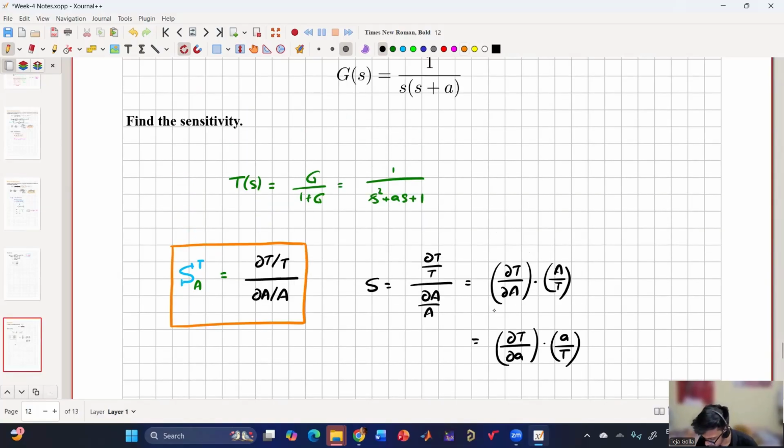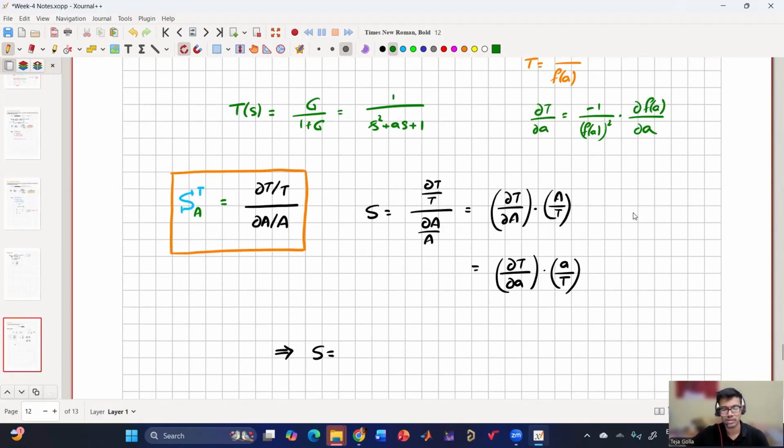Here a is again small a, the parameter. Dou T by dou a into a by T. I'll give some formula. If I have T is equal to 1 by function of a, then dou T by dou a will be minus 1 by f of a whole square into dou of f of a by dou a. This is the formula that we have learned in differentiation.